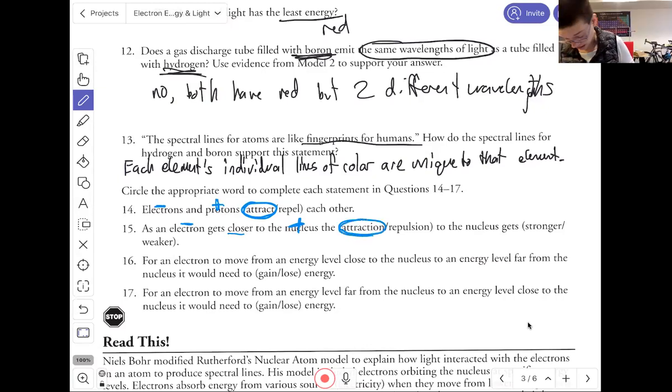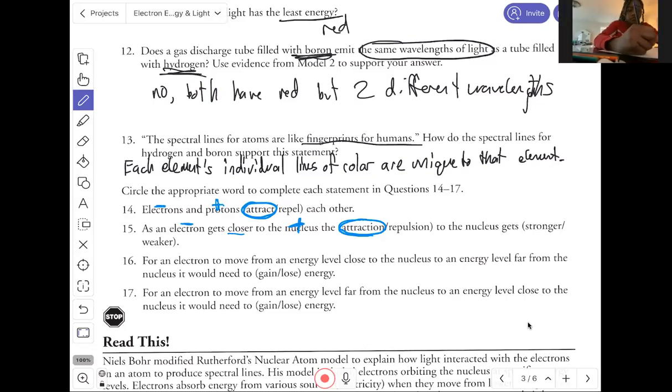And is that attraction going to get stronger or weaker as you pull them together? Think about how magnets behave. As you bring magnets closer together, does their attraction get stronger or weaker? Weaker? No, stronger. Oh, my bad.